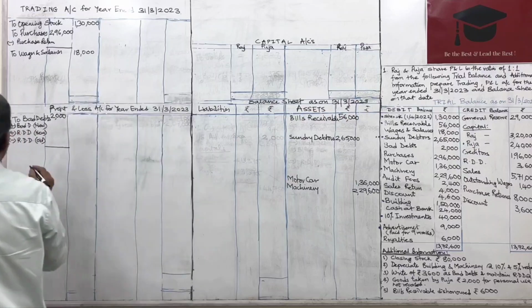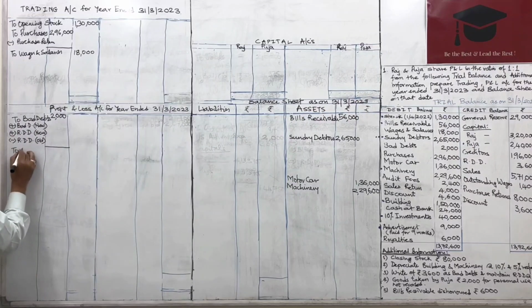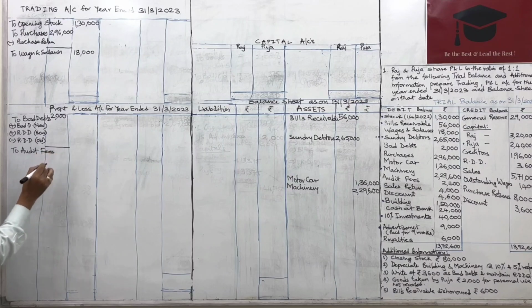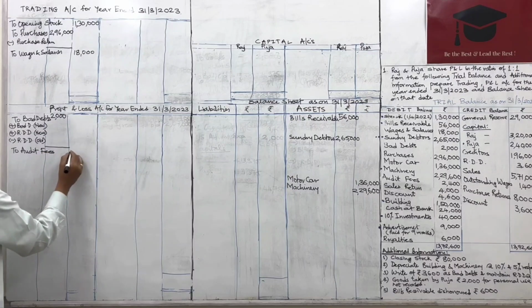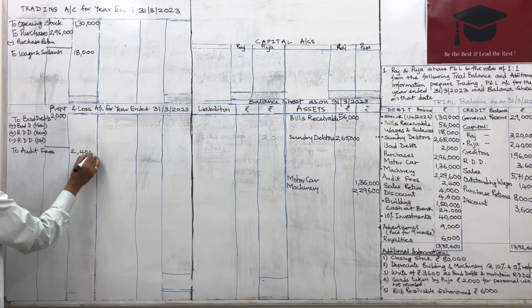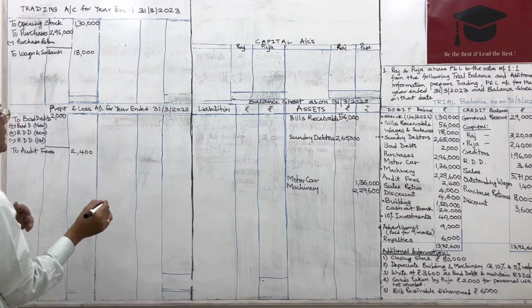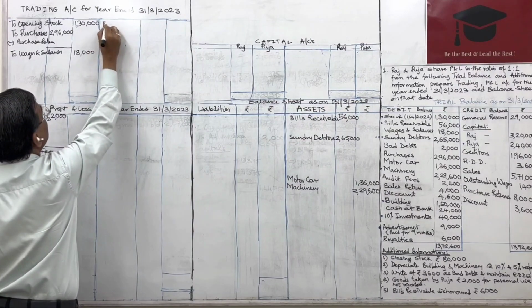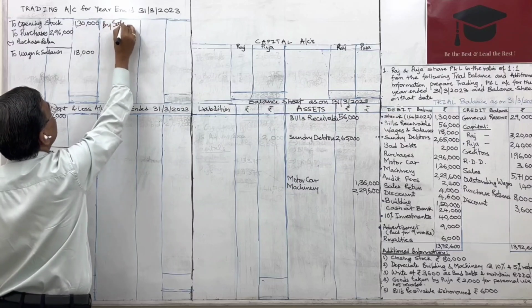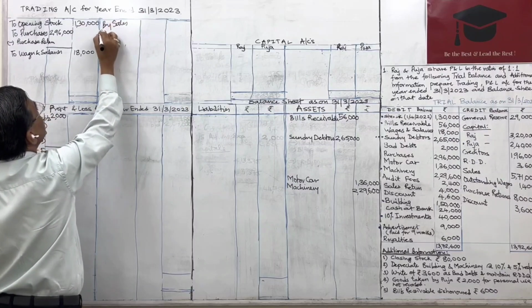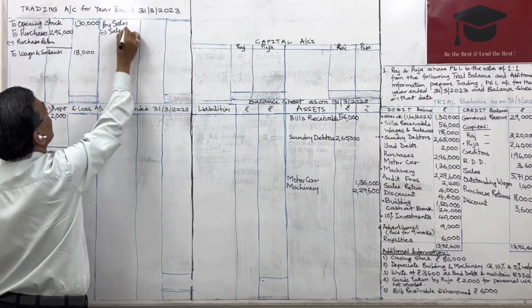Audit fees, profit and loss debit, and the amount 2,400. Then you are having sales return. Again, as I said, it has a format by sales less sales return.